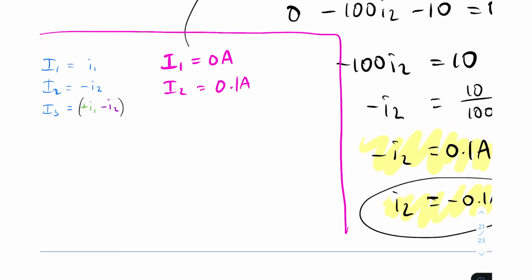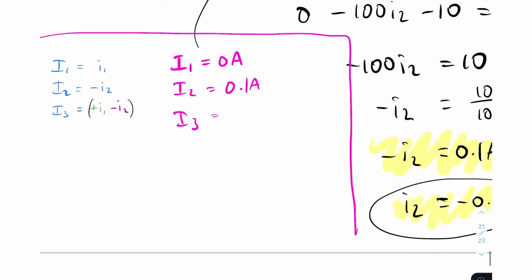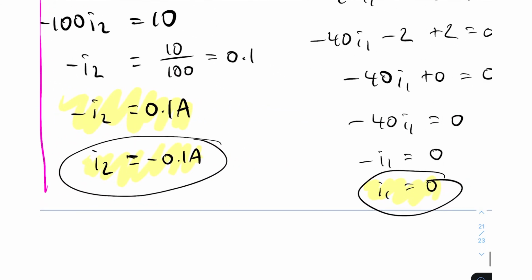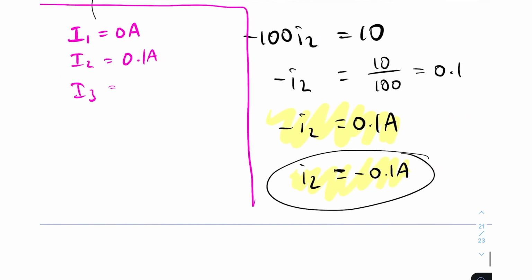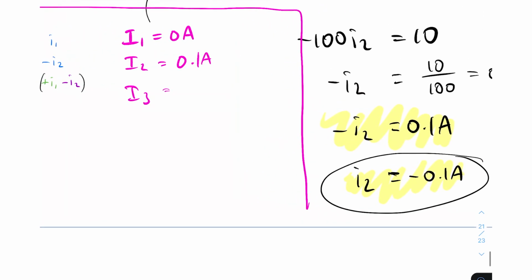And then I3 is I1 minus I2. You can get this one wrong easily. So we've got I1, which is 0, and then we're minusing minus 0.1. So again, it's just 0.1 amps, and that's it.